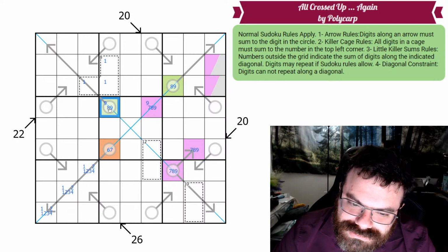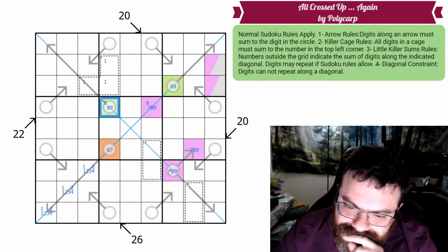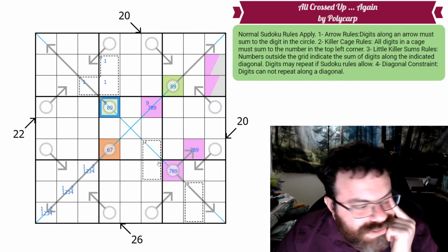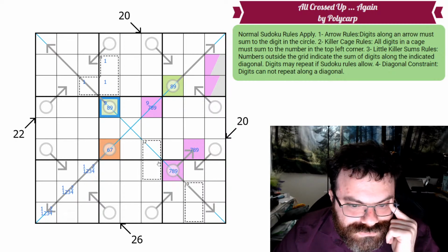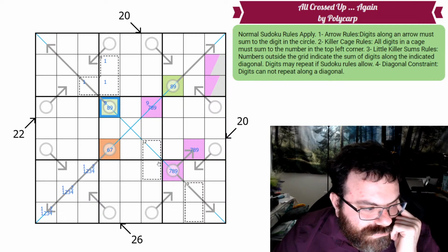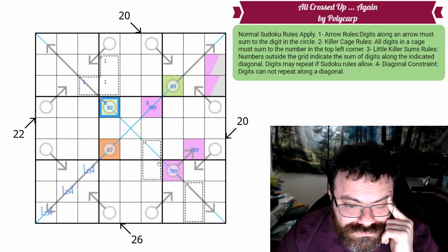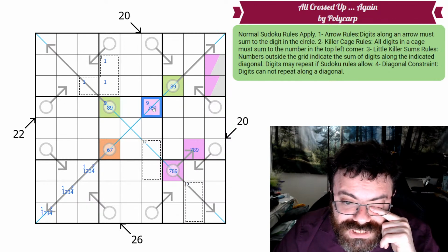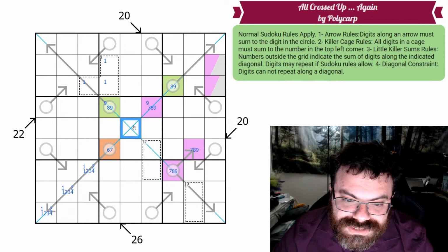Green is 9. Let's see. Wait. Yeah. So if purple's 9, this is 8, 7. That makes this a 6.